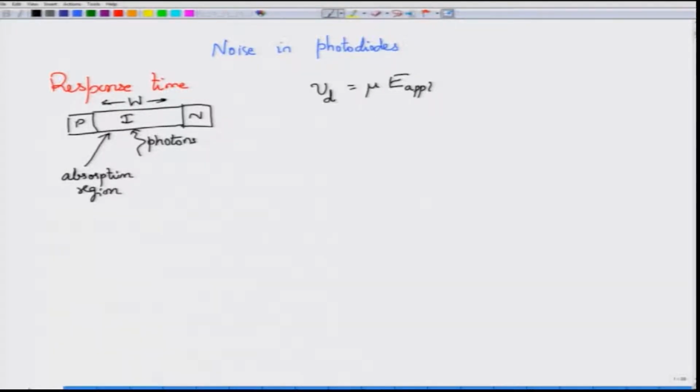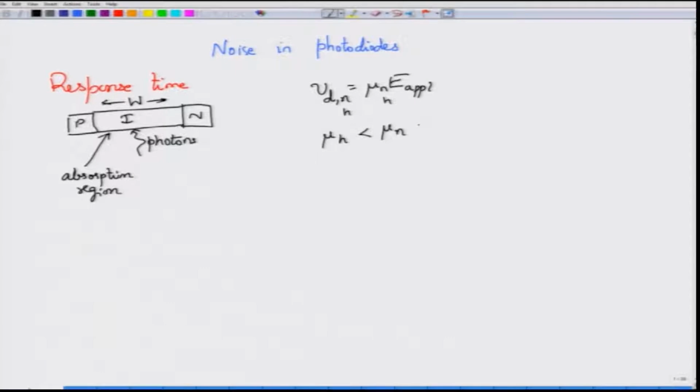Whether you are dealing with the electron or the hole, the corresponding drift velocities will depend on the mobilities, and you can look at the semiconductor literature and find that the mobility of the holes is slightly smaller than the mobility of the electron.